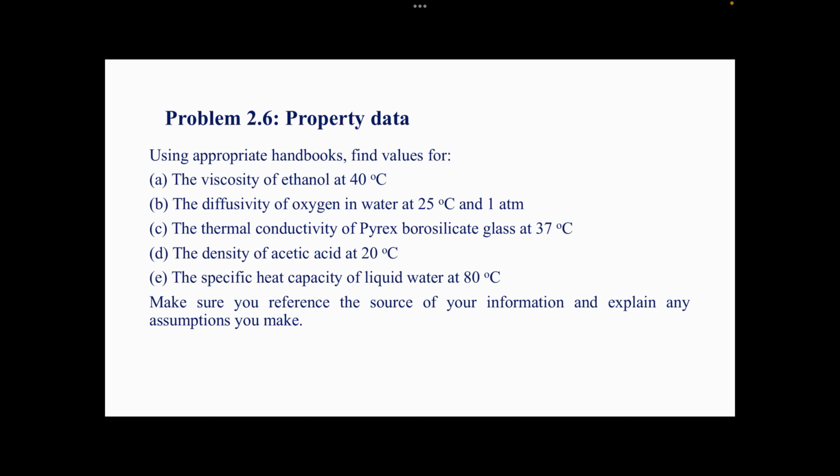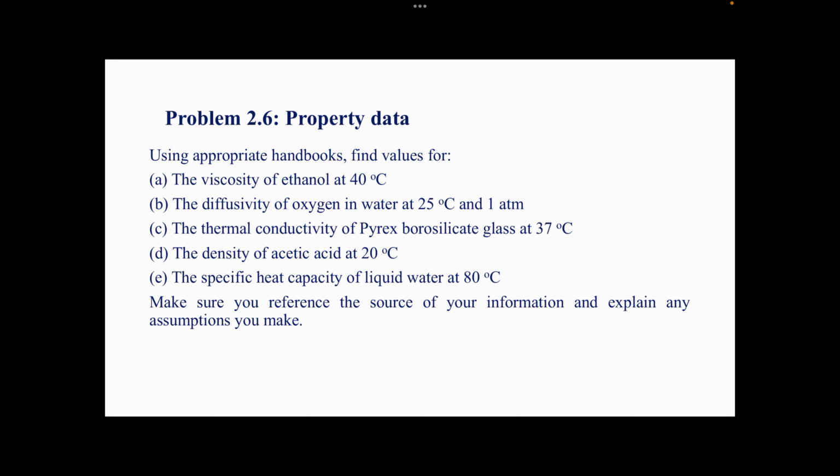Here in problem 2.6, the property data, using appropriate handbooks, find the values of, there are 5 sub questions: viscosity, diffusivity, thermal conductivity, density and specific heat. So we need to retrieve these data from the handbook.